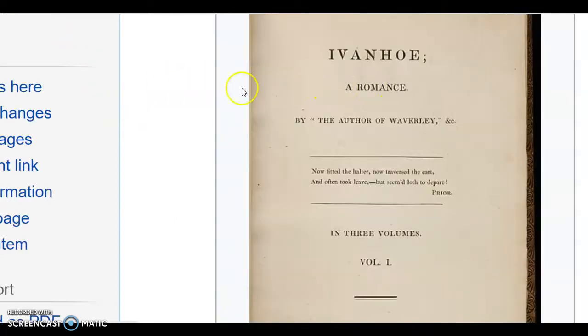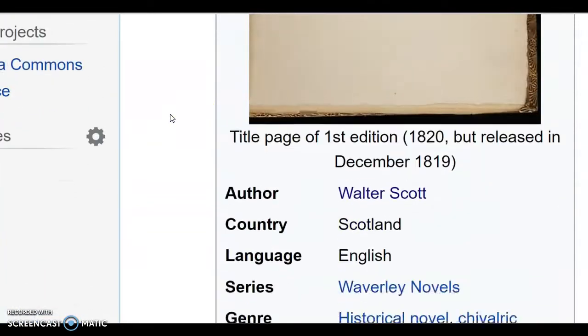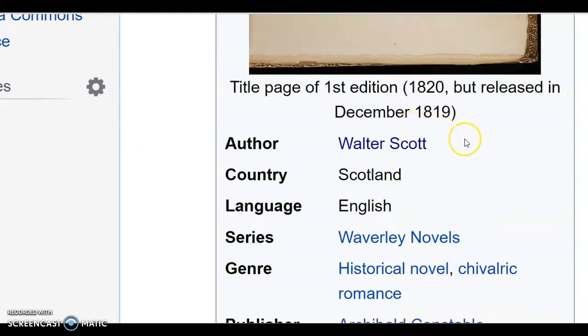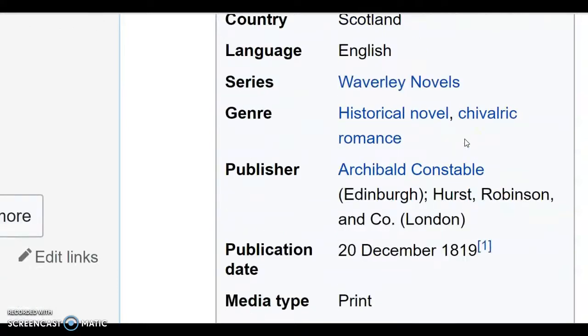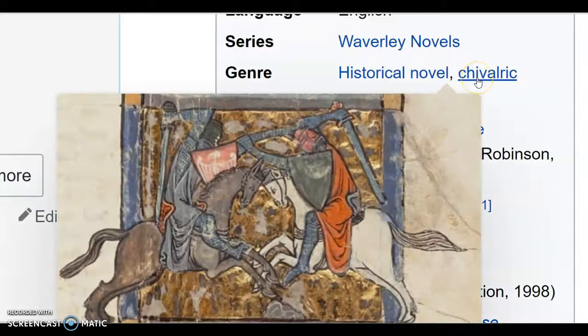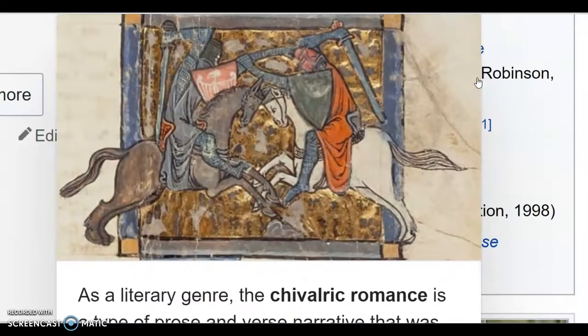Ivanhoe Romance, right? Released in December 1819, so that's the 19th century. And the genre, chivalric romance, sort of like the Knights Templar type of thing.